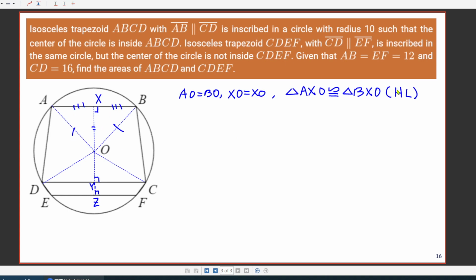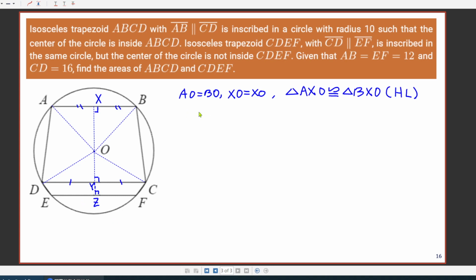Then according to SSS, so you could write either HL or SSS here, whichever you like. And therefore X is the midpoint of AB, so this length equals this length. Similarly, Y is also the midpoint of CD, so DY equals YC, right?